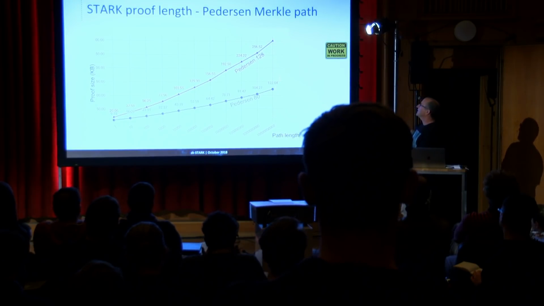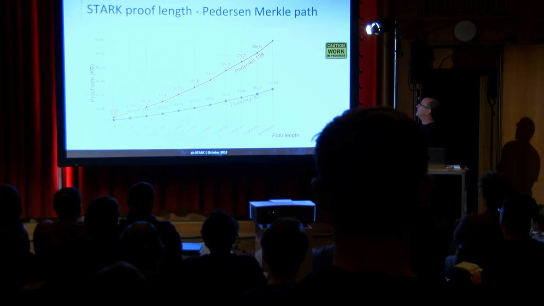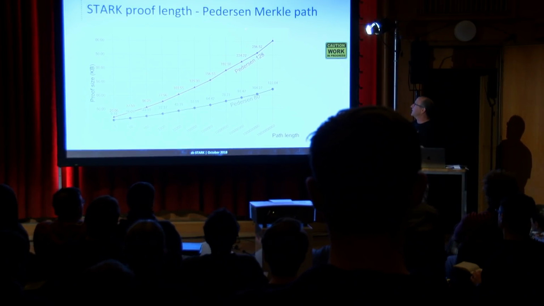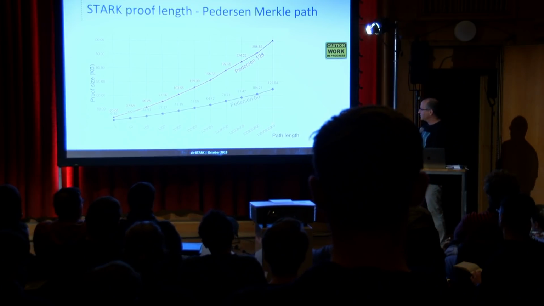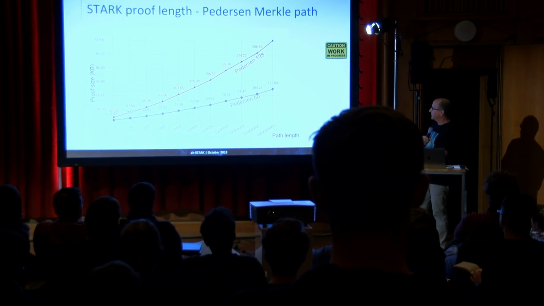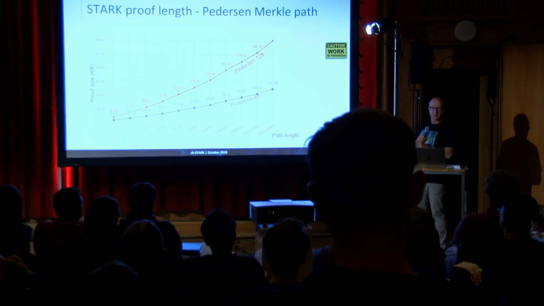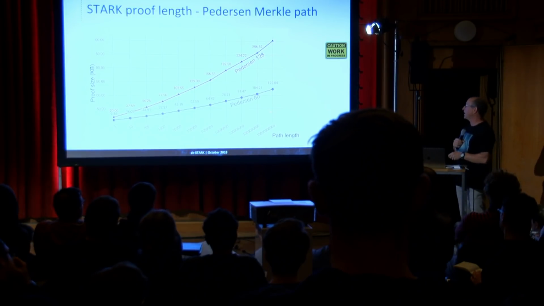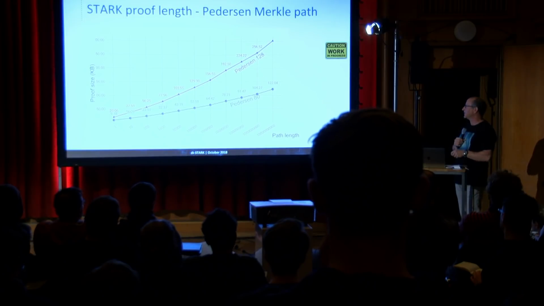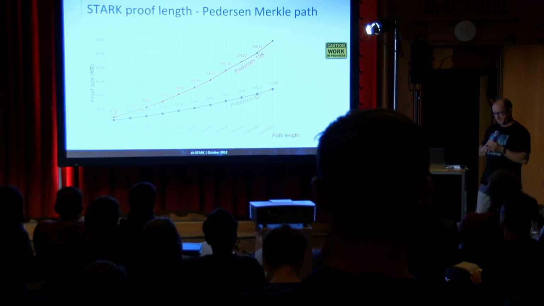If you were to prove a Merkle path with 10 billion invocations of hash, this would be either a 120 or 256 kilobyte proof, for the proof that says I ran this, let's say it's a VDF or something like that. And verifying it, again, would take a small number of milliseconds.